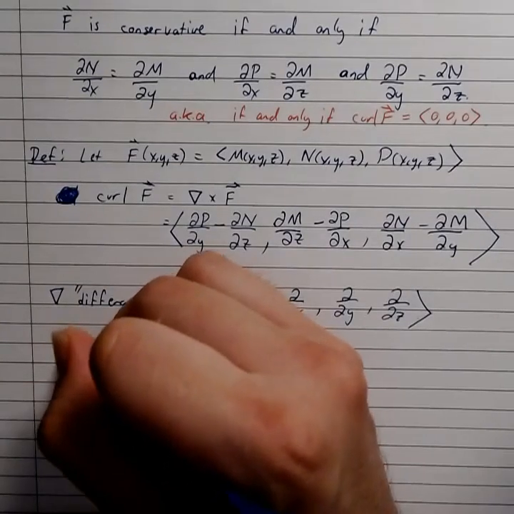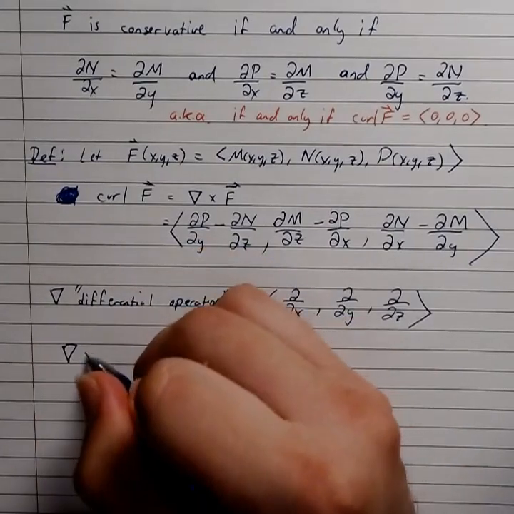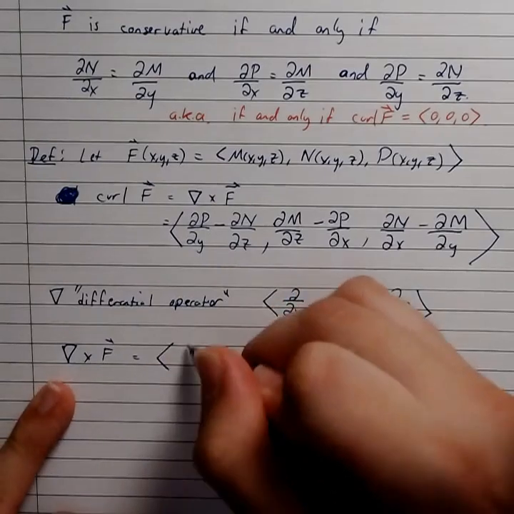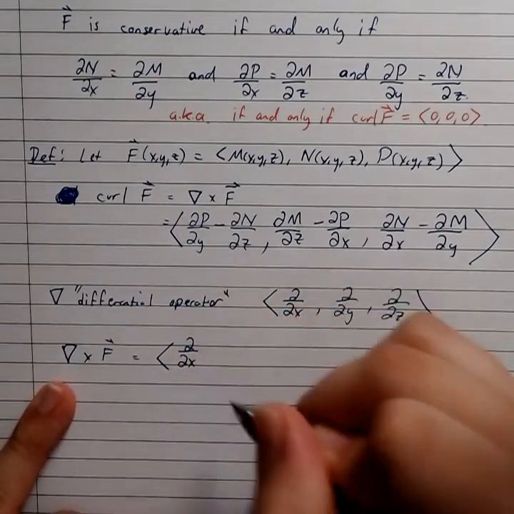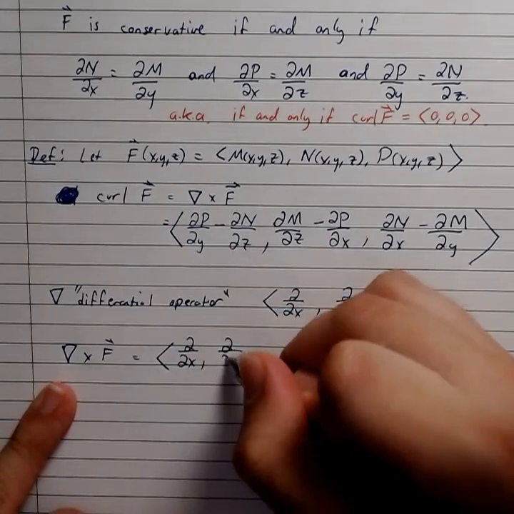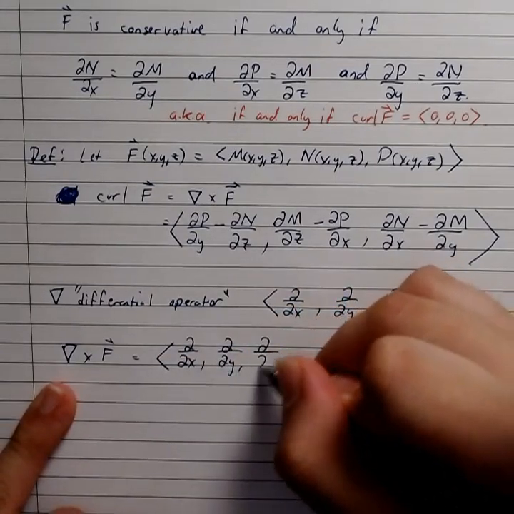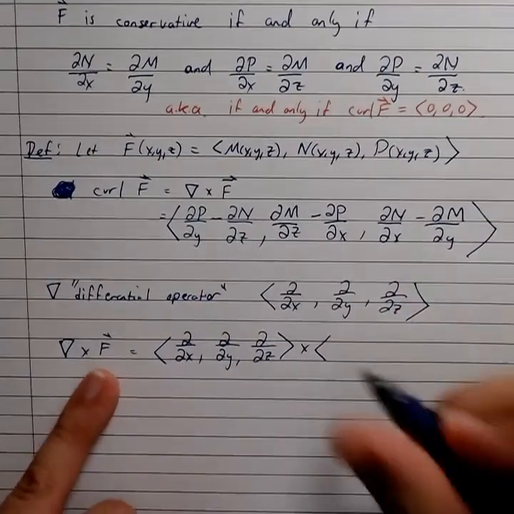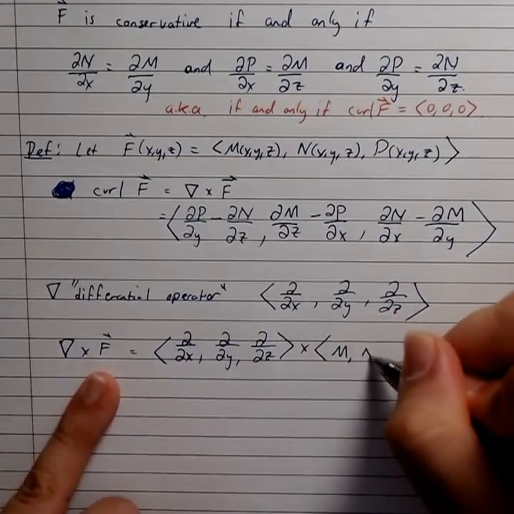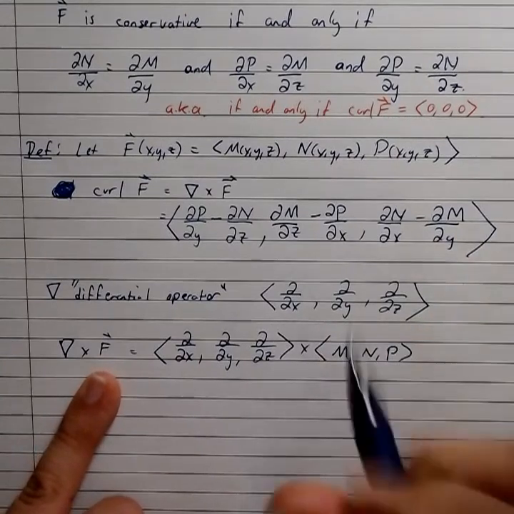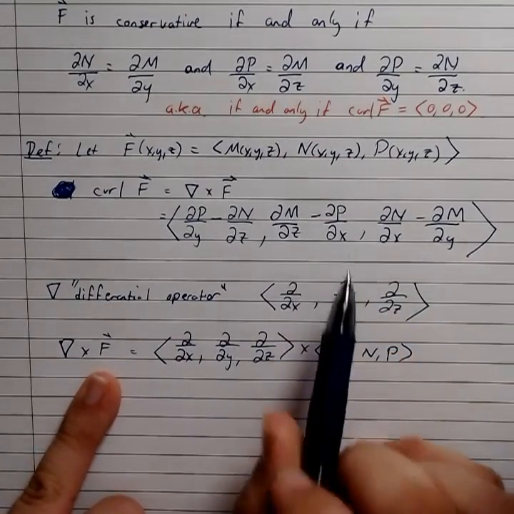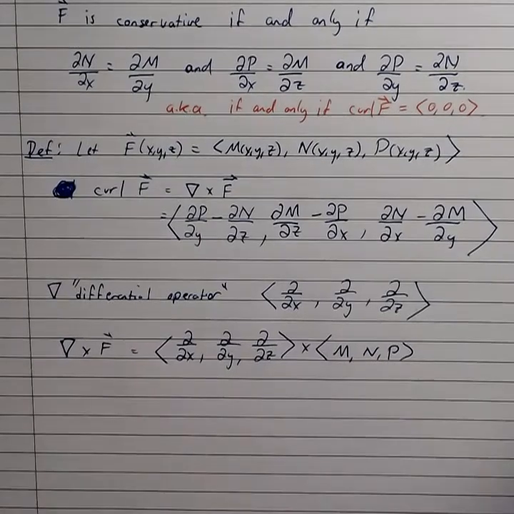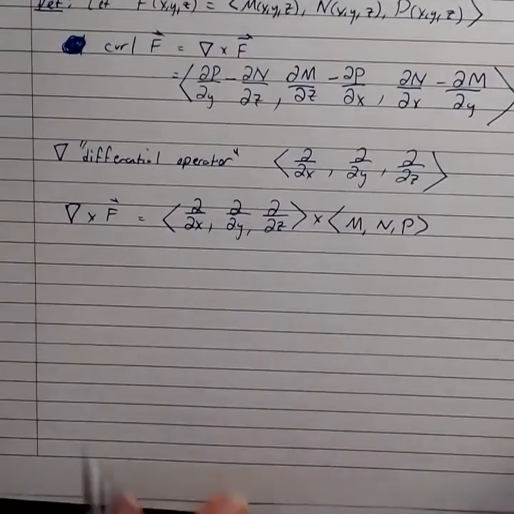If you take the differential operator crossed with your vector field, that's given by, at least in the notation, the partial with respect to x, the partial with respect to y, the partial with respect to z, crossed with m, comma, n, comma, p. Here I'm going to write it without the x, y, and z, even though these are functions, just for the sake of simplicity.